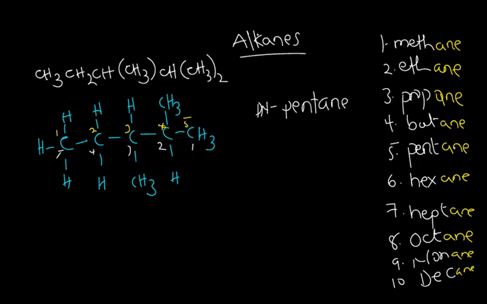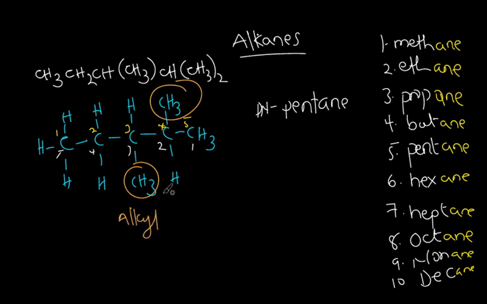Now can we notice the fact that this group and this group don't form part of the parent structure? These two groups don't form part of the parent structure, so they are what? Substituents. Now we can see this is a CH3. Like I said, it's an alkyl substituent.